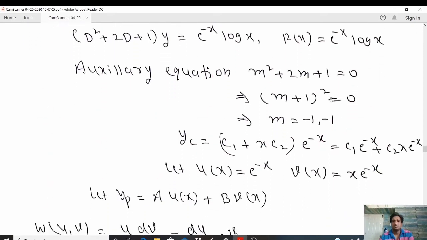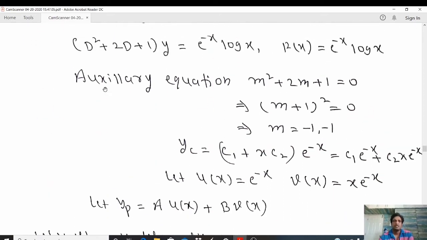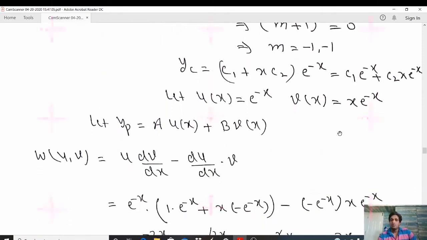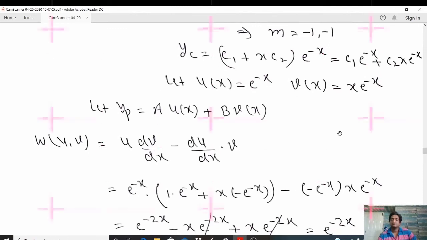Auxiliary equation: instead of d we write m square plus 2m plus 1 is equal to 0. It becomes m plus 1 whole square equal to 0. M is equal to minus 1, minus 1, repeating twice. So to write the complementary function yc, the roots are negative real and repeated.